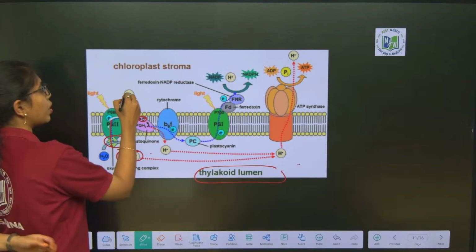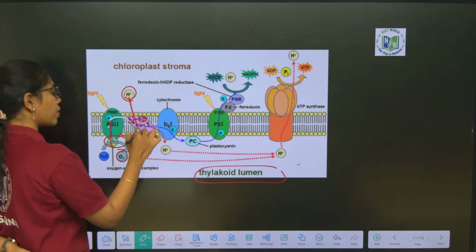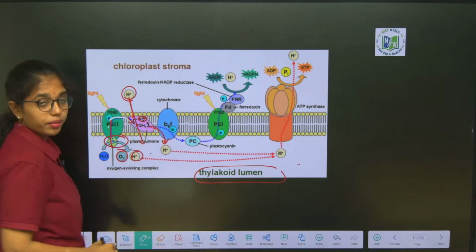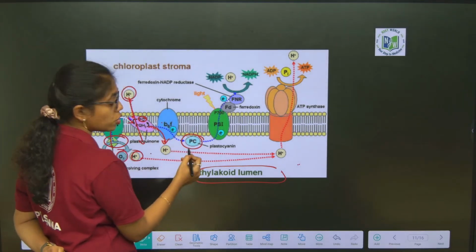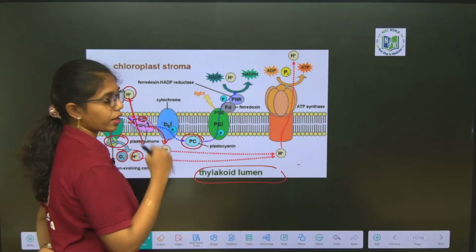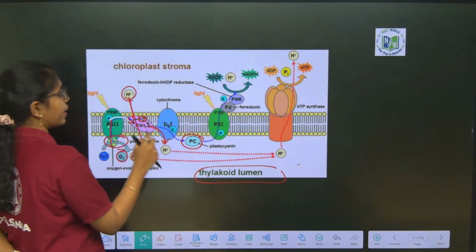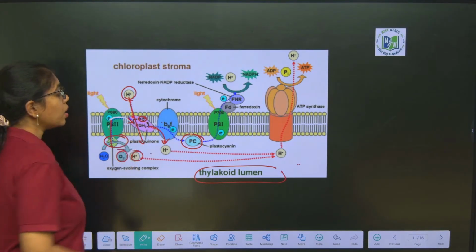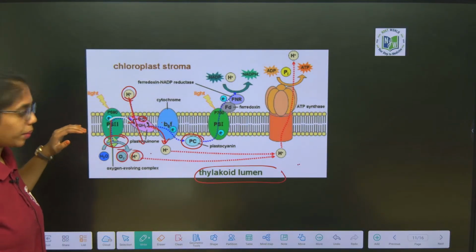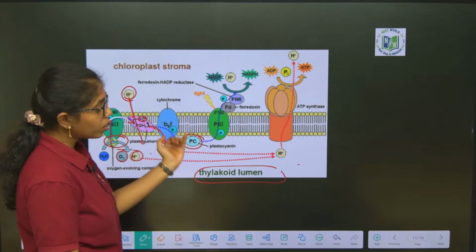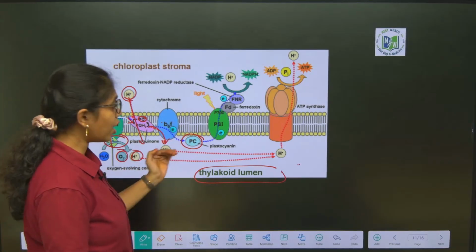Plastoquinone is transferring protons from the stroma to the lumen. Cytochrome b6f complex, plastocyanin is located towards the inner side of the thylakoid membrane. Look carefully: plastoquinone or pheophytin is present over the outer side of the thylakoid membrane, plastocyanin towards the inner side.